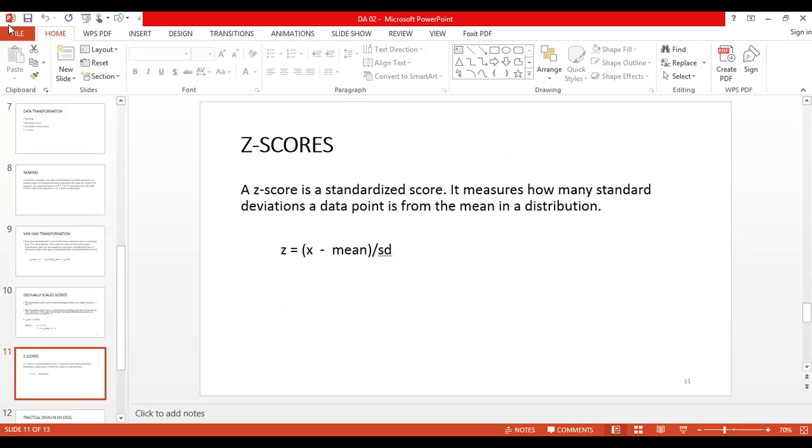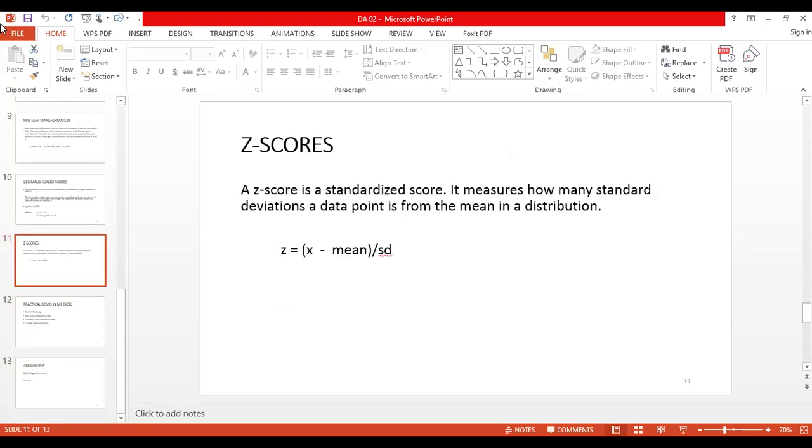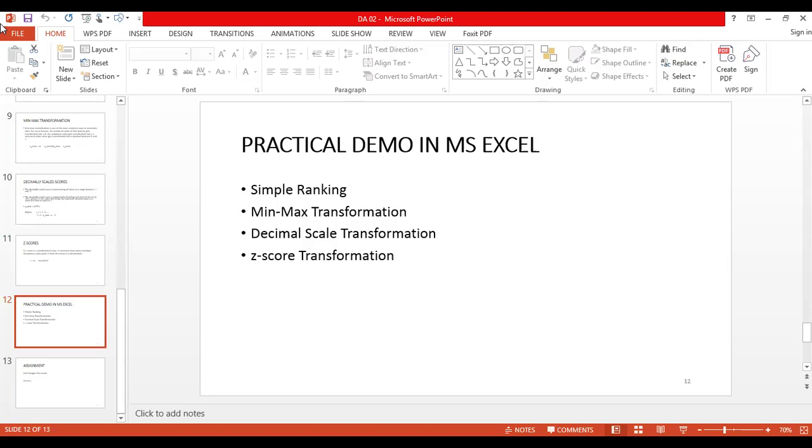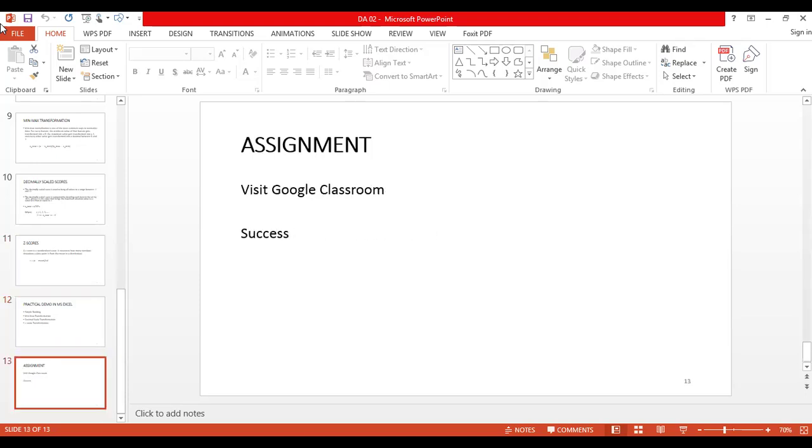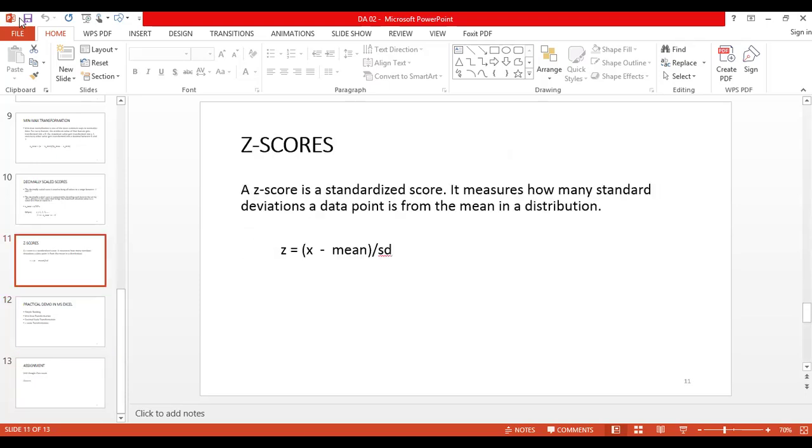And then we saw that when you do a z-score transformation, most of the data would range from what to what? When you do a z-score transformation, what values of data would you expect?